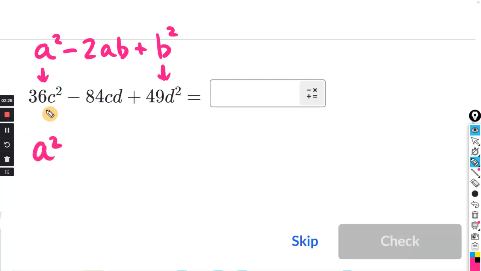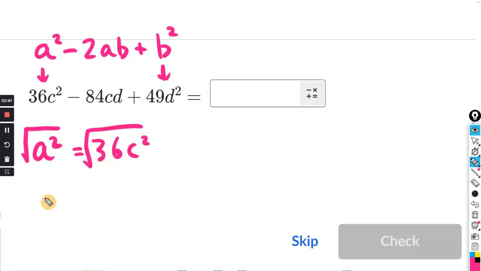All right, so if a squared equals 36c squared, the way to undo something squared is to take the square root of both sides. Square root of a squared is a. The square root of 36 is 6. And the square root of c squared is c.